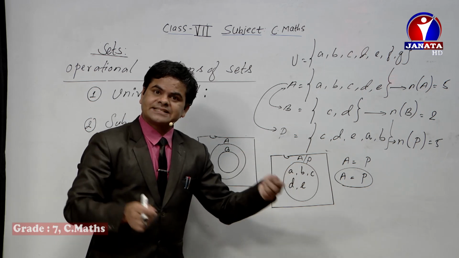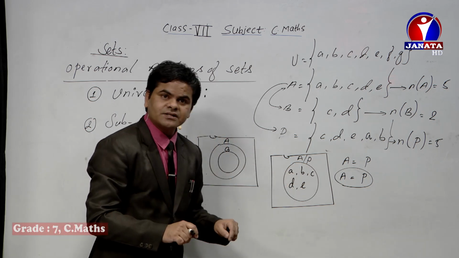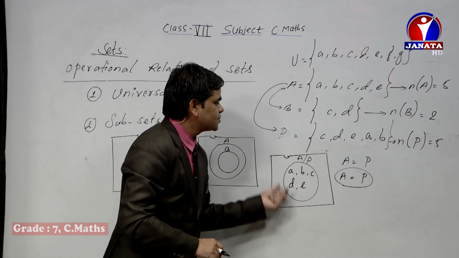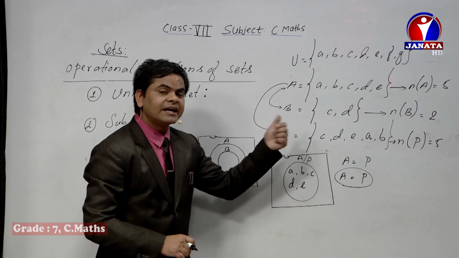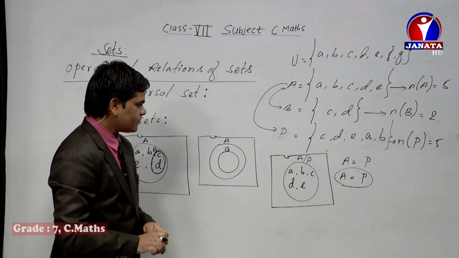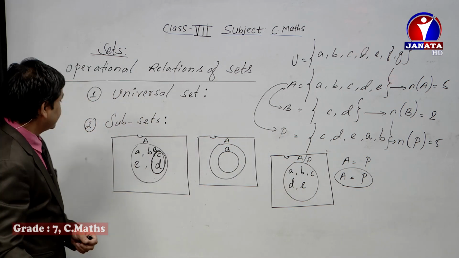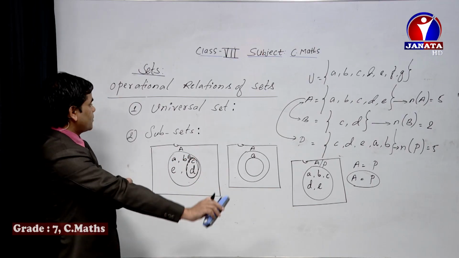Both circles have the same circumference, both circles have the same center. As a result, no need to show another P circle, because all elements of A are included in P. So that's all, dear students, regarding subsets, proper subset.